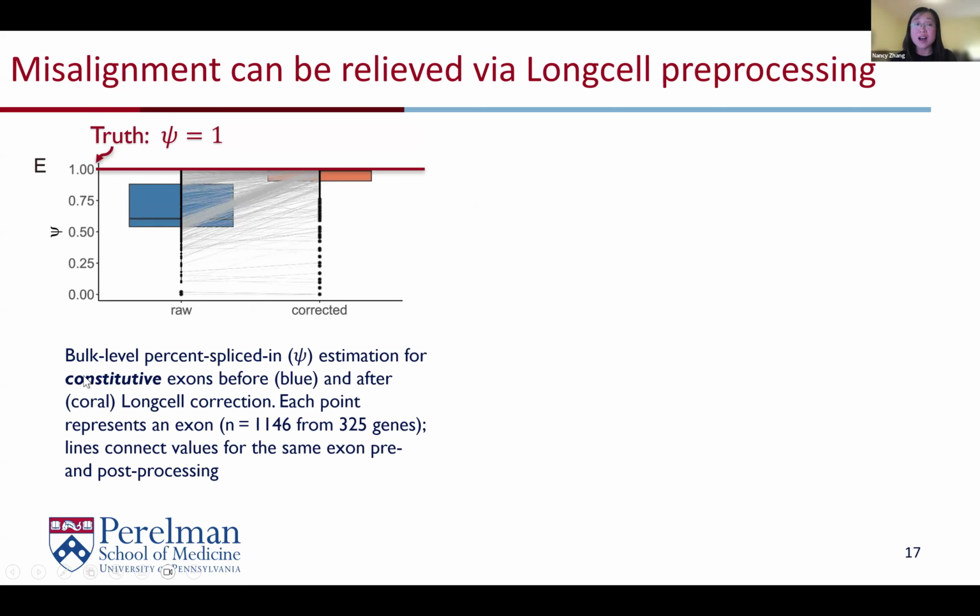Now we know that for constitutive exons, they should have a psi, this percent splice in, of 1. That is the known truth. This is real data. However, you see that in the raw data, due to mapping error, the psi is actually much lower than 1. So that difference is due to mapping error. After we corrected by this procedure, we push that up to 1. So it's much better.